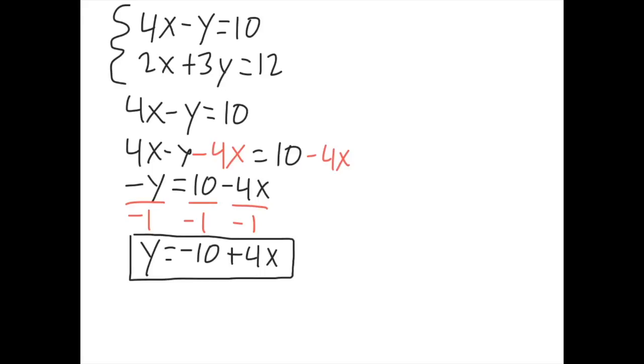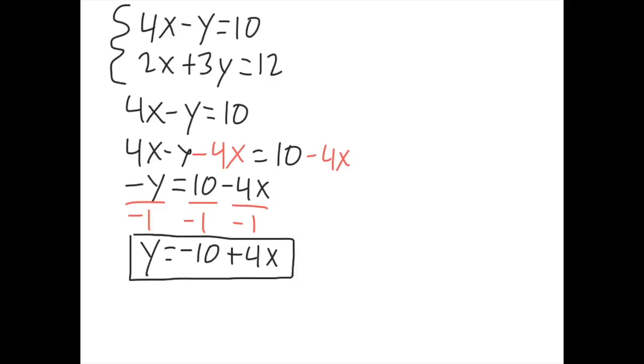So now we want to take this and plug it in for y in the equation that we didn't use. So we want to plug it back into here. So we rewrite the equation, but instead of y, we write negative 10 plus 4x.